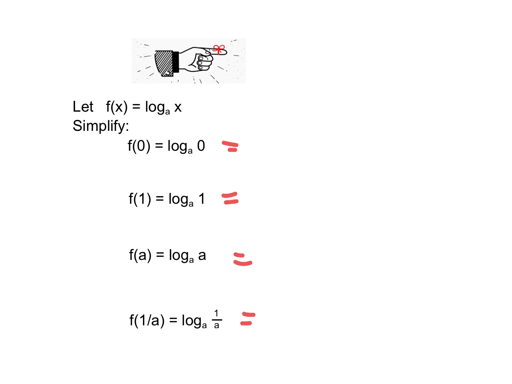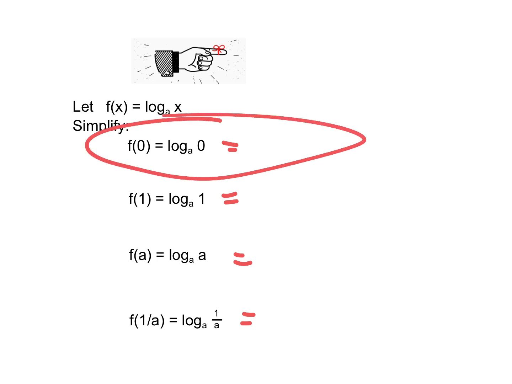Carter, I heard some kids say there's no solution for the first one, and I kind of agree, but I kind of disagree. What do you say? It's the asymptote. Yep, it is the vertical asymptote. That's the point of an asymptote, is that nothing works there.